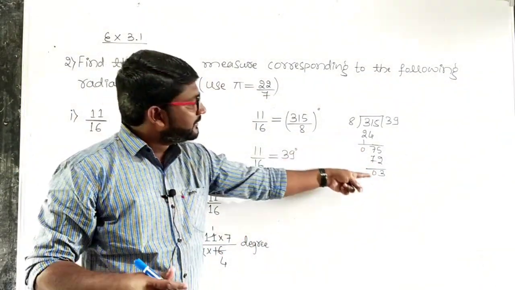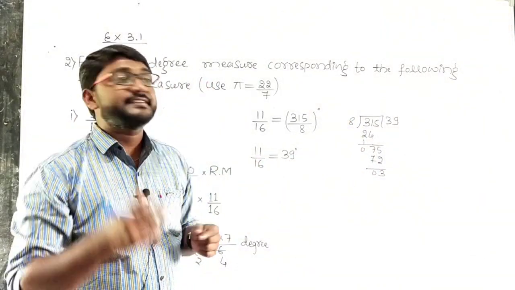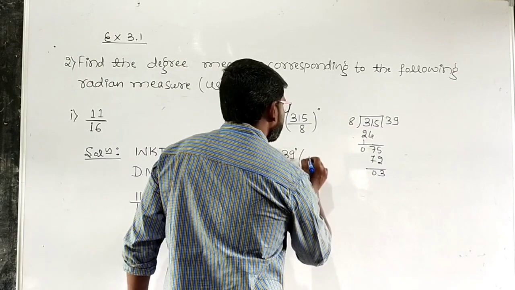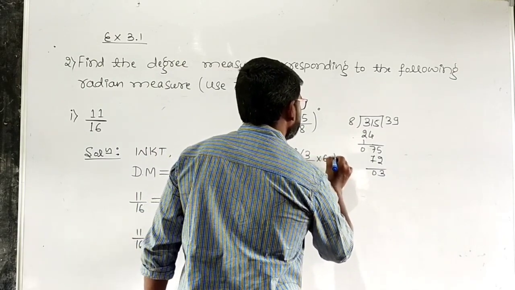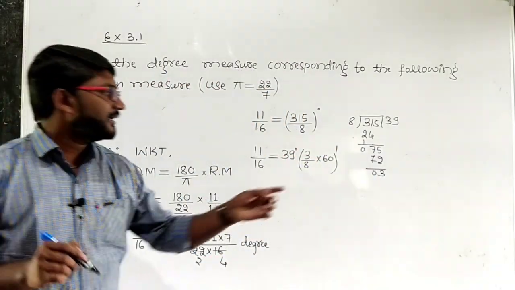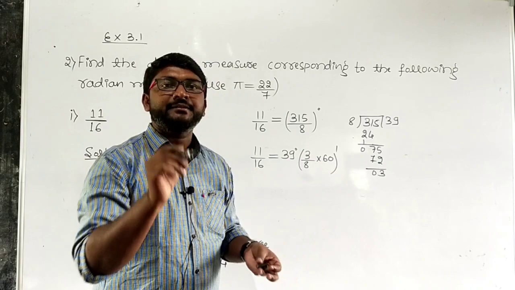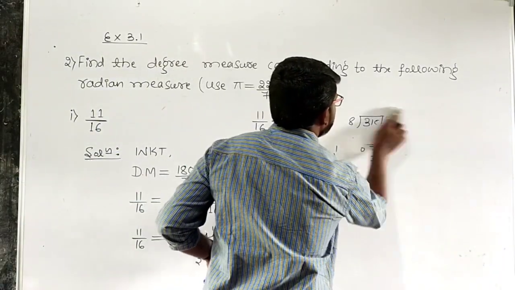Now 3 by 8 is in degree, we need it in minutes. So what I do is 3 by 8 into 60, it becomes minutes. Single bar here, single bar indicates minutes. So now let us multiply 60 into 3.